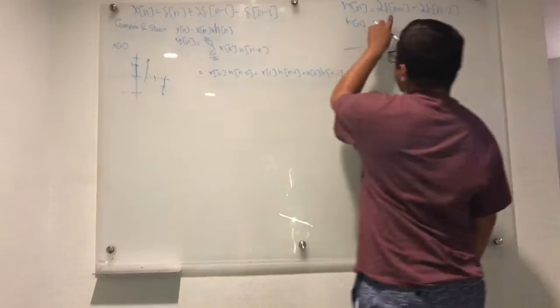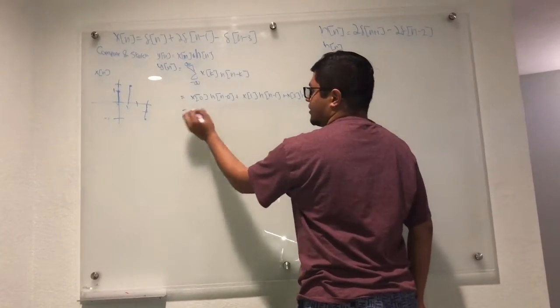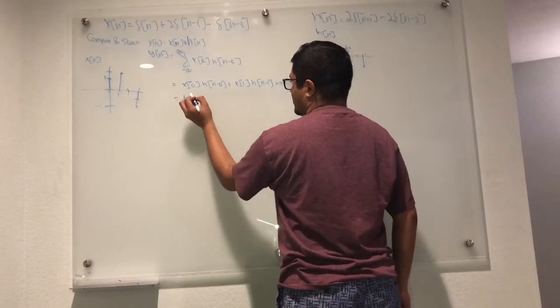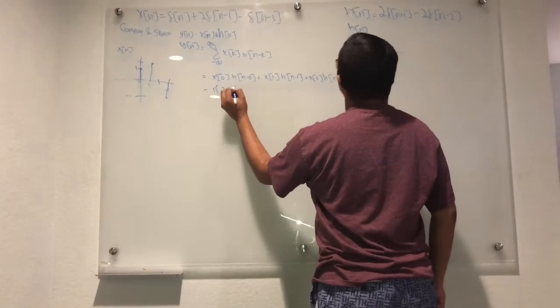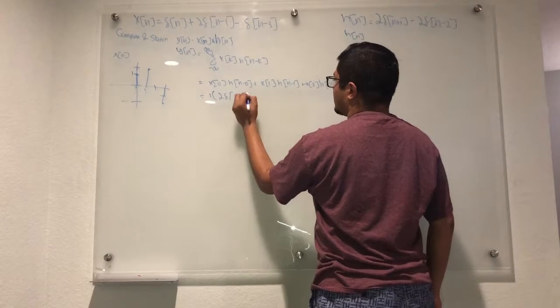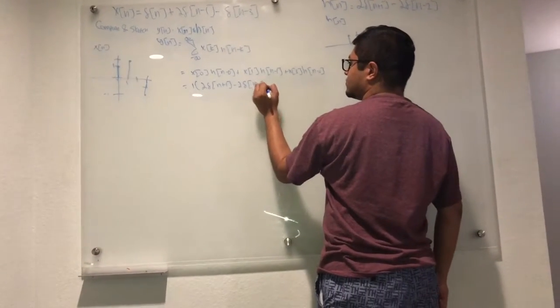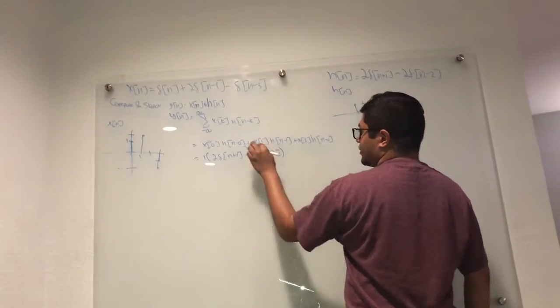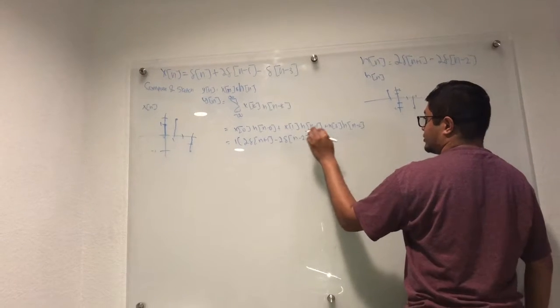Now let's plug in these values for h of n and for x. x of 0 is 1 times h of n, which is simply that, plus x of 1, which is 2, times h of n minus 1.